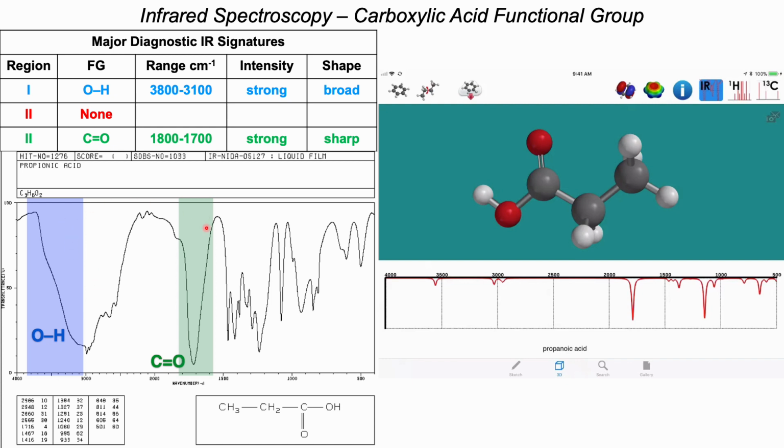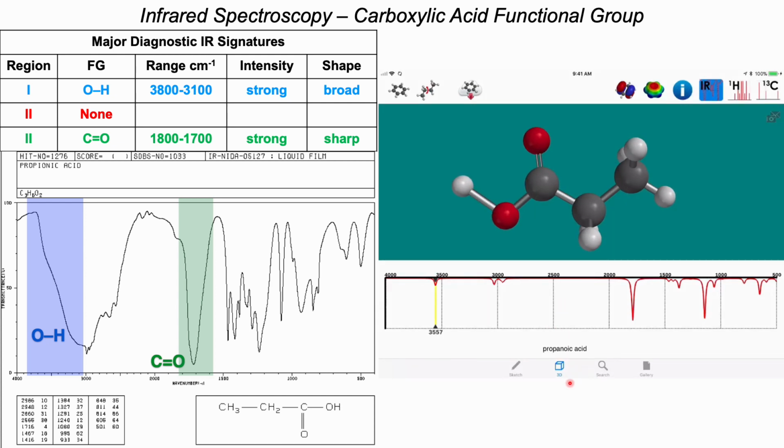So these two pieces of data in region 1 and 3 are really strong indicators of that collection of atoms here of the carboxylic acid functional group. So you can say, if you see that, okay, the molecule has to have CO2H as part of the molecular formula.